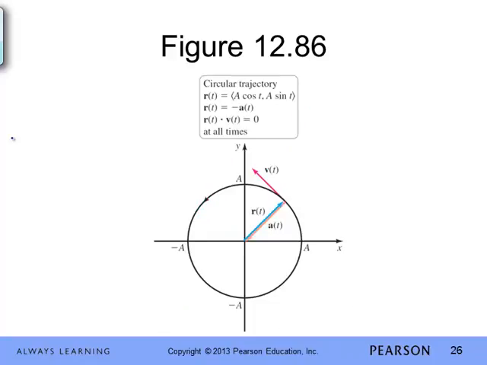Now, I want to talk about circular motion. Again, we already had a small discussion of it. Now, circular motion: there's a certain relationship between R of t and v of t, between the position and the velocity, not just once, but throughout its entire trajectory.